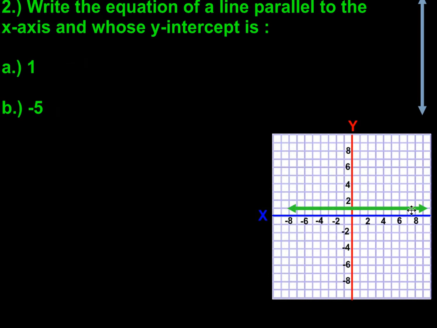The x values could change, but y is fixed. It's going to stay the same. So if we want a y-intercept of 1, we simply have to state y is equal to 1. And on the next one, they want a y-intercept of negative 5, which means we pull it down here. But again, the x values are going to change, but y is simply going to remain equal to negative 5.